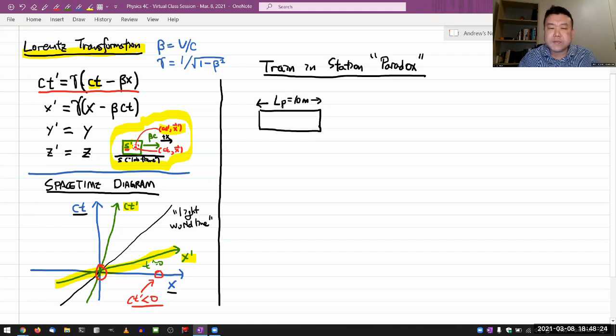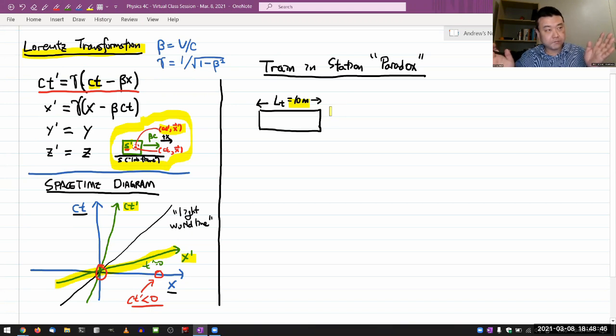Whenever we specify length, we mean proper length, so I won't have to specify that it's the train's proper length. I'll just say it's the train's length, and it's understood that this number is measured in the train's rest frame. So it's a proper length. So I have a 10-meter long train.